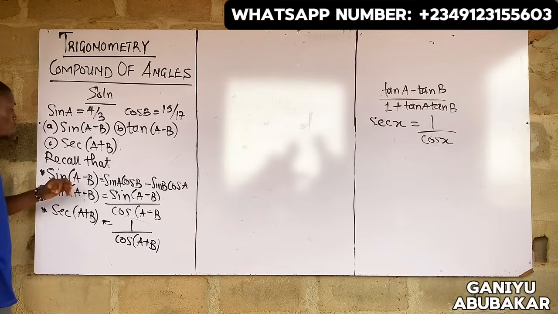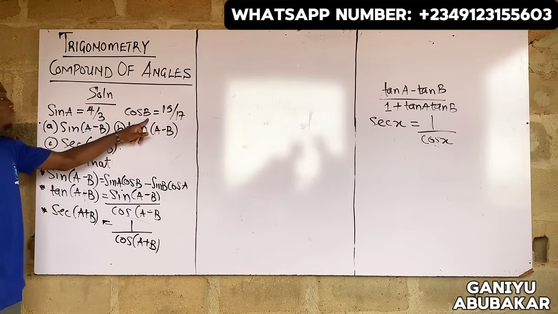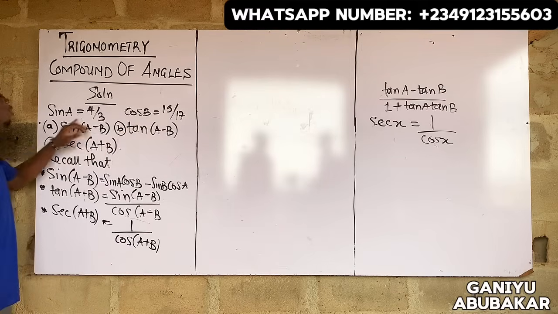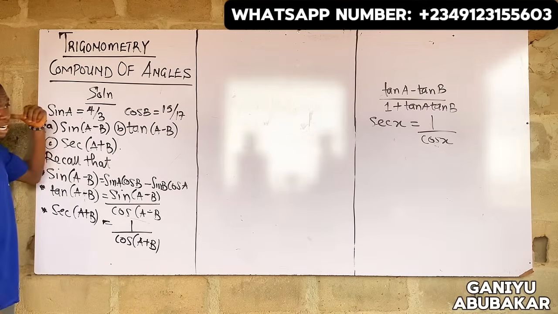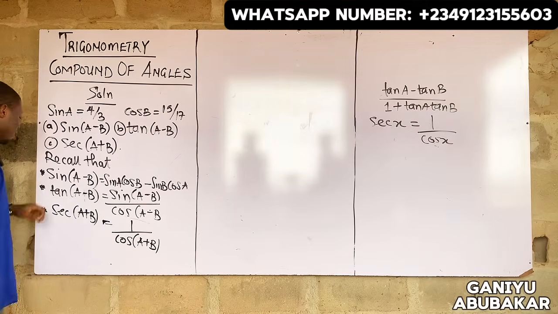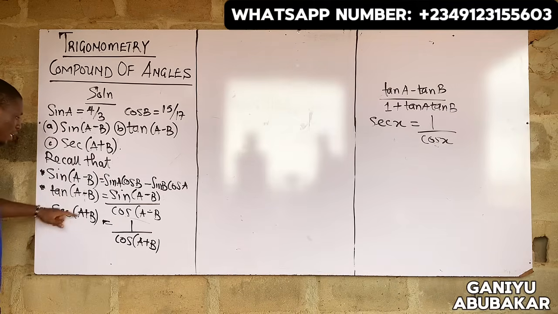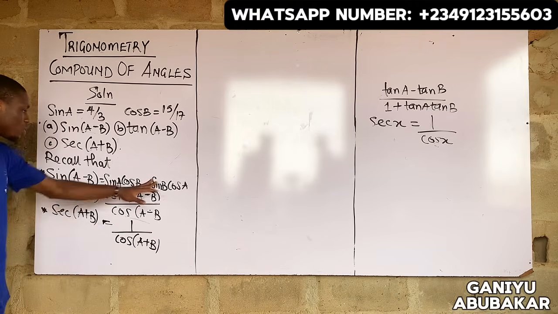So in general, I need to know the value for sine A cos B and sine B cos A, as we did in our initial example. For these three I'm looking for, sine and cos are common.